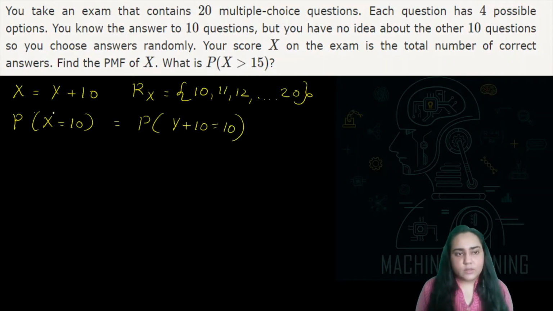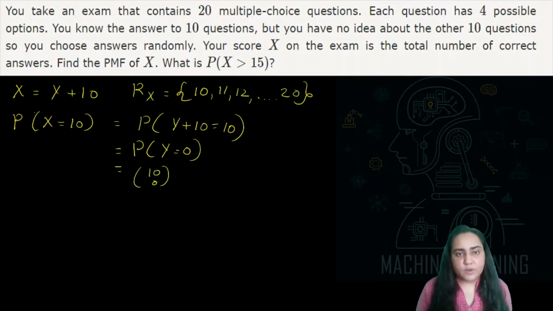This is the whole equation for x. So when is this possible? When the value of y is actually 0, which means I have to calculate the probability of y equal to 0. And what is the probability of y equal to 0? I have to put those values in the formula.